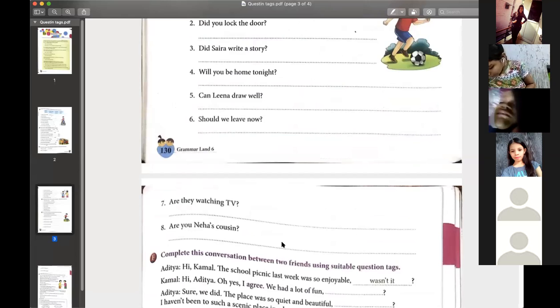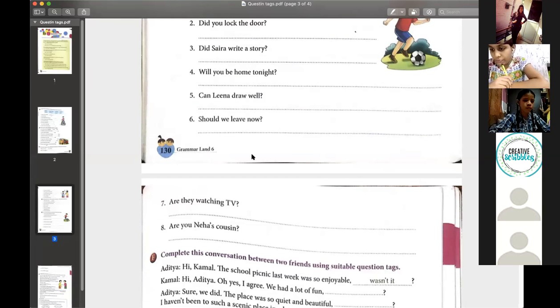So, E and F are homework. Any other doubt? Any doubt to anyone? Nitanshu, what you didn't understand, please ask.